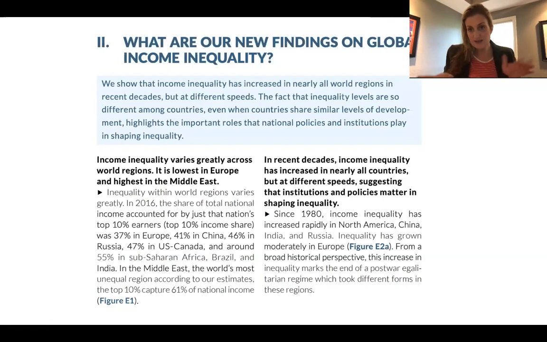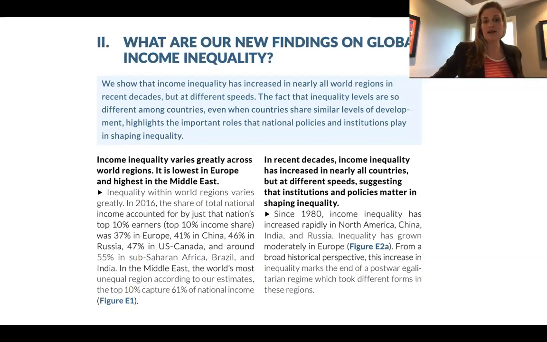So we have differences in the rate of the growth of inequality, even when we compare countries with similar development levels, okay? So within developing countries and within developed countries, first world countries, there are different rates of inequality, and this is a reflection of national policies and institutions.